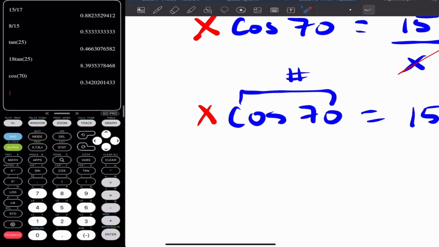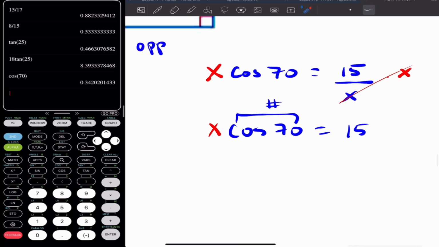If I have a number multiplied by x, what do I have to do on both sides? We're actually going to have to divide both sides by this number.